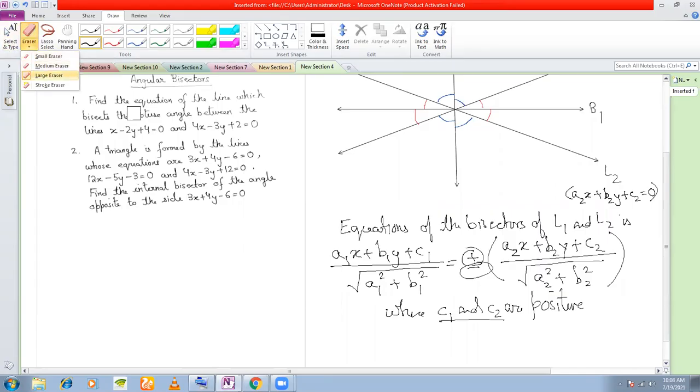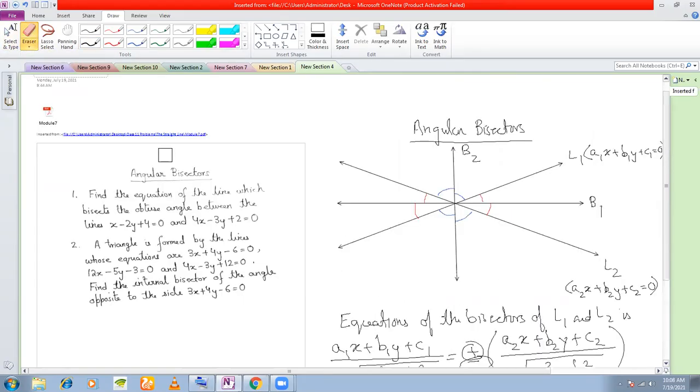Once we know this formula, there's one problem you will come across: the bisector of the acute angle and the bisector of the obtuse angle. See here that this bisector B1 is the bisector of the acute angle between L1 and L2.